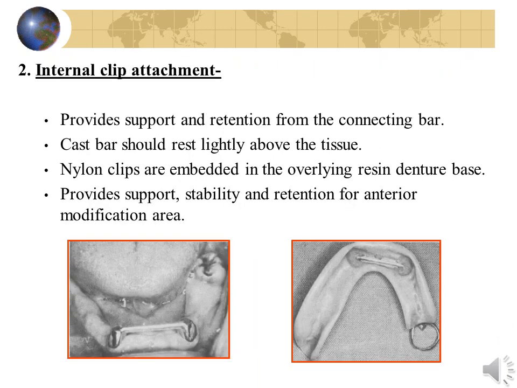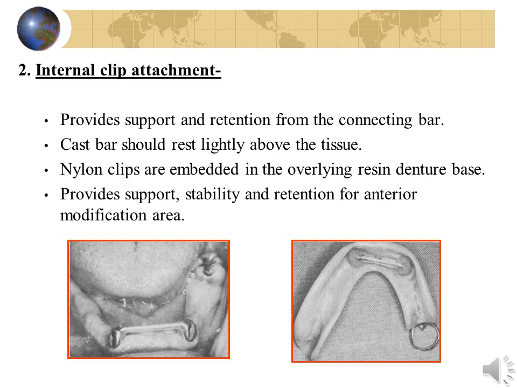Second is the internal clip attachment. The internal clip attachment differs from the splint bar in that it provides both retention and support from the connecting bar. Several preformed connecting bars are commercially available in plastic patterns which can be customized for length and cast in the metal alloy of choice.